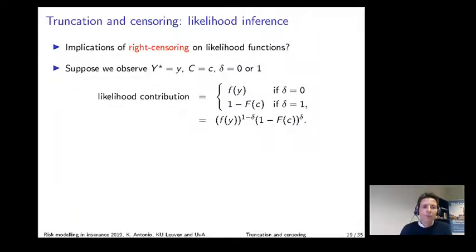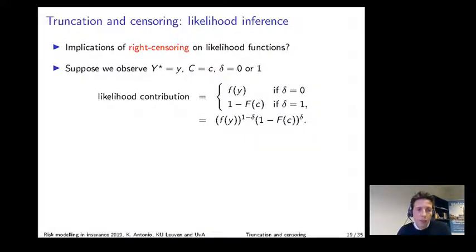However, with a censored observation, you only register C, and the likelihood contribution is going to be the survival function evaluated in C. This expresses the probability that under a given loss model, you will observe an outcome larger than C. That is indeed the only information that we have about a right censored loss observation.